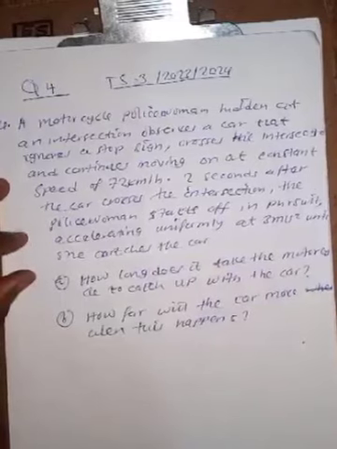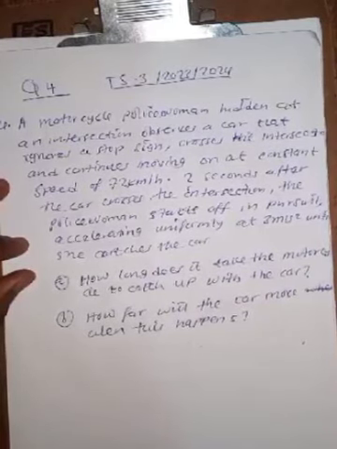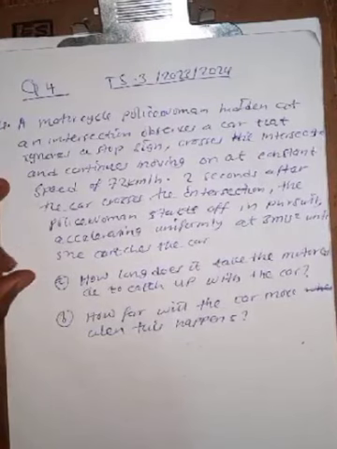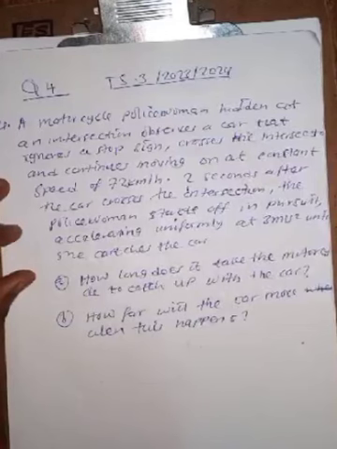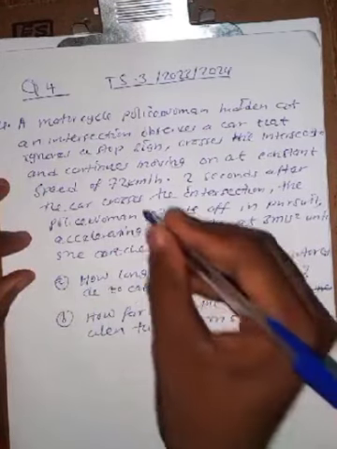So the question goes, a motorcycle policewoman hidden at an intersection observes a car that ignores a stop sign, crosses the intersection and continues moving on at a constant speed of 72 kilometers per hour.